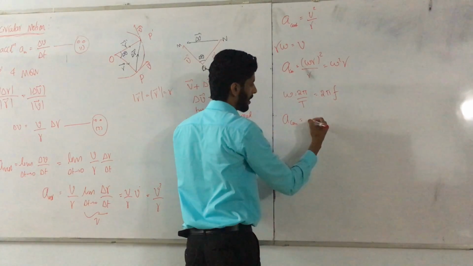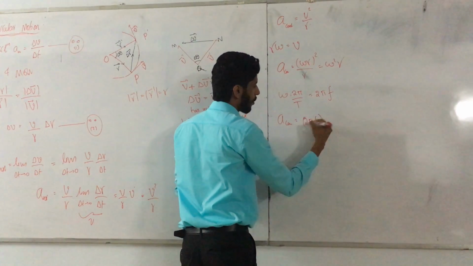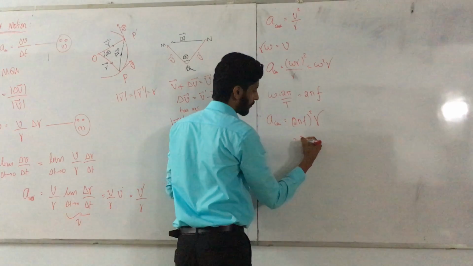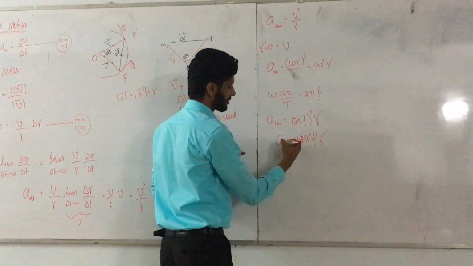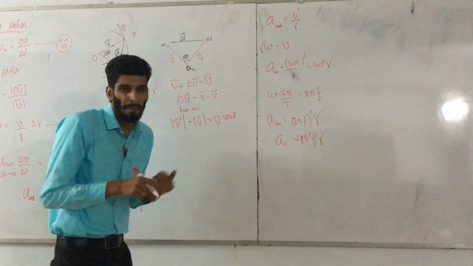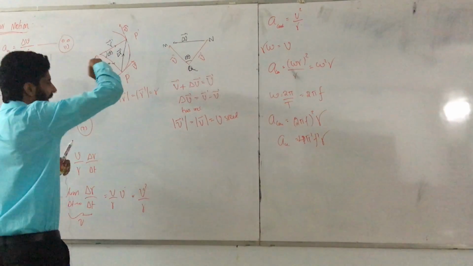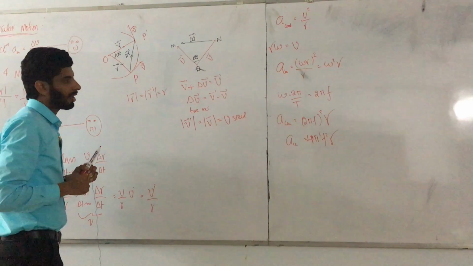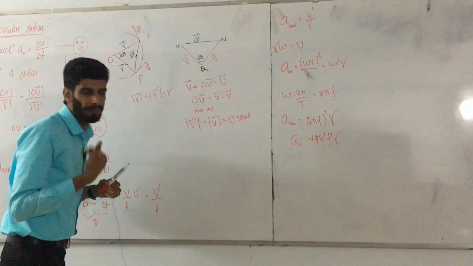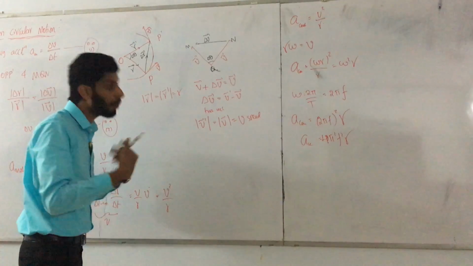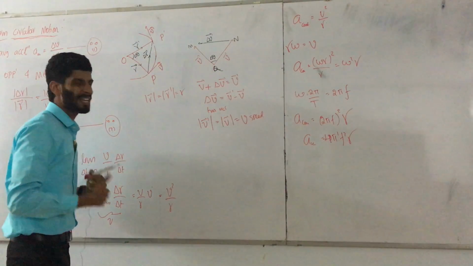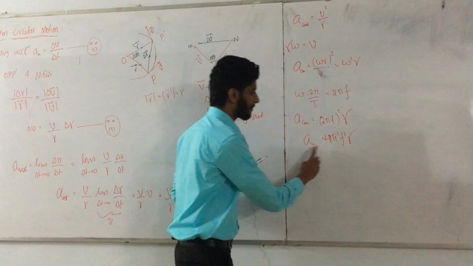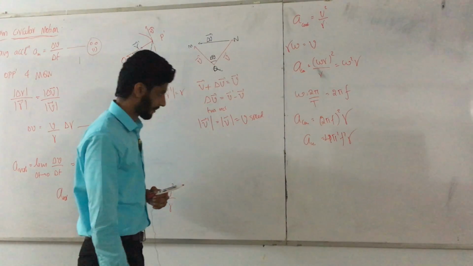Omega is 2 pi f, so 2 pi f whole squared times r, so 4 pi squared f squared times r. So if the body rotates in a circular path, and the number of rotations per second is more and more, the centripetal acceleration the body gets is more, because it's directly proportional to the frequency squared.